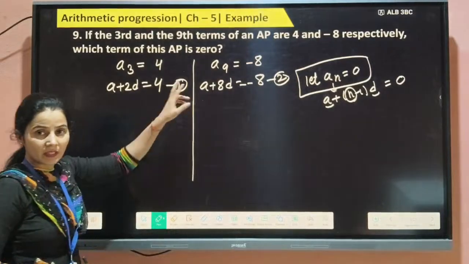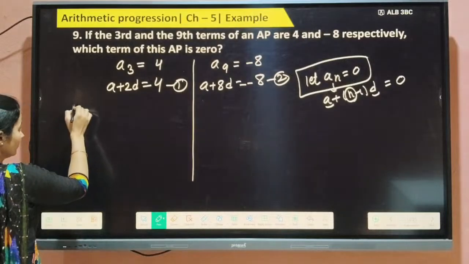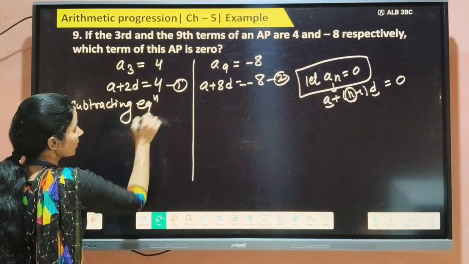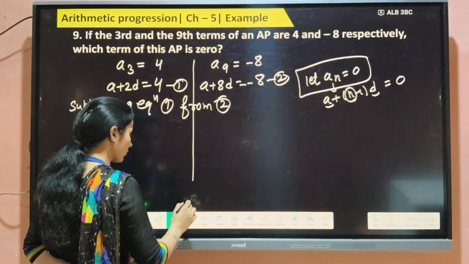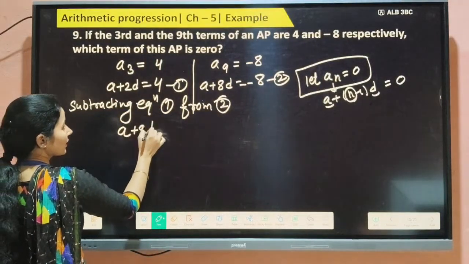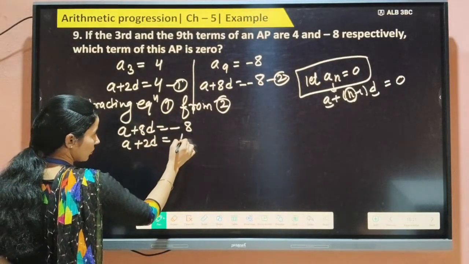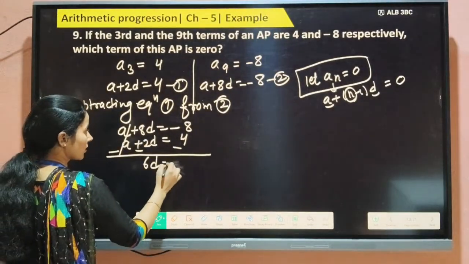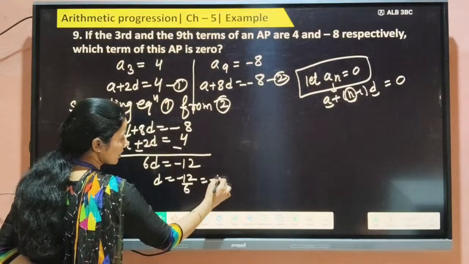Now subtracting equation number 1 from 2. So see, a plus 8d equals to minus 8, and a plus 2d equals to 4. Change sign, cancelled. It will be 6d equals to minus 12. So d equals to minus 12 by 6, that is minus 2.